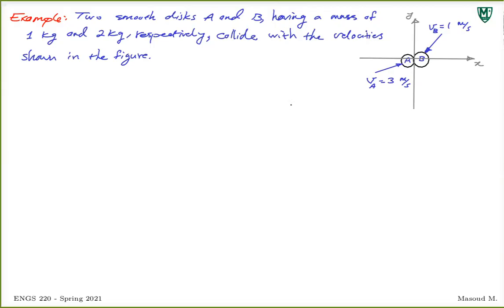So we know velocities before the impact, and we're also given the information that the coefficient of restitution for the disks, or probably would be better if I said for this impact, is equal to 0.75.